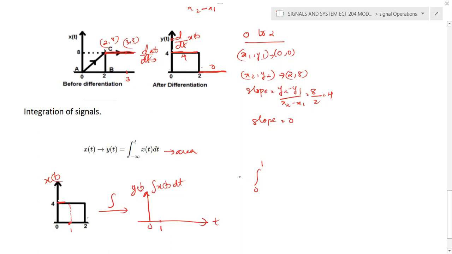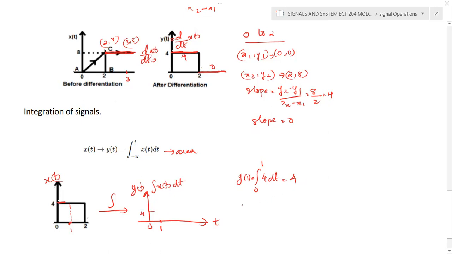If you want the signal amplitude at y of 1, you need to integrate the signal from 0 to 1. The integral of 4 dt from 0 to 1, you'll get 4. So at t is equal to 1, the signal amplitude is 4.